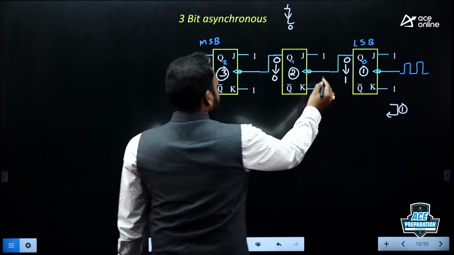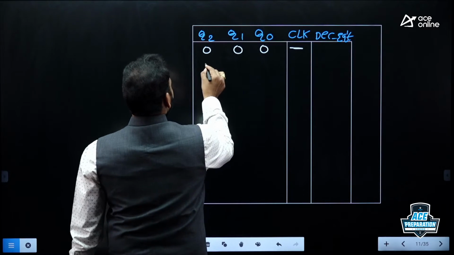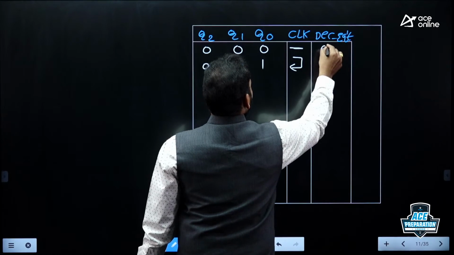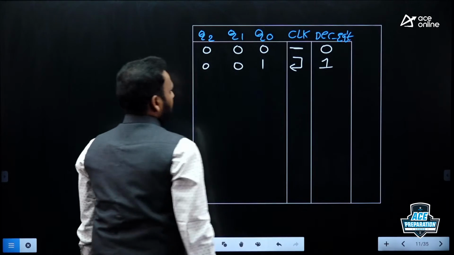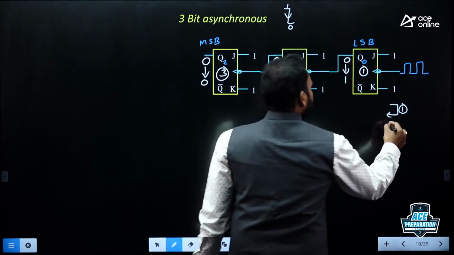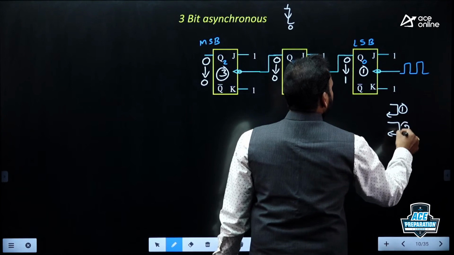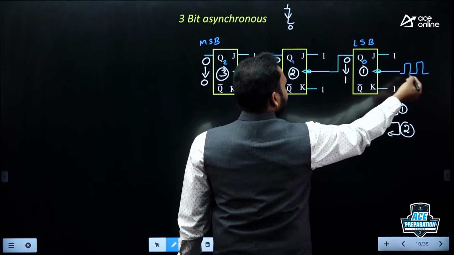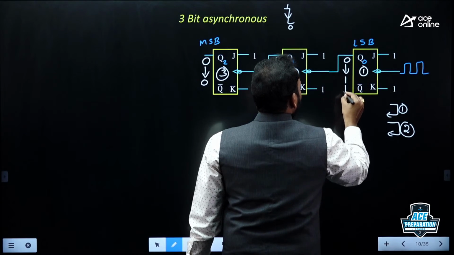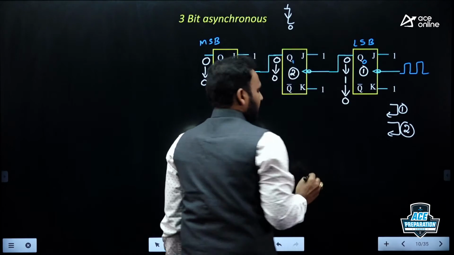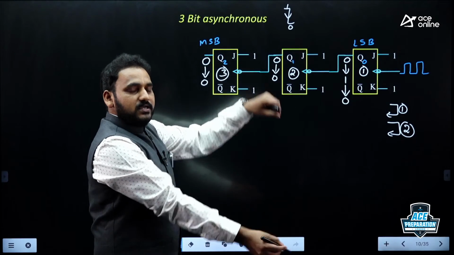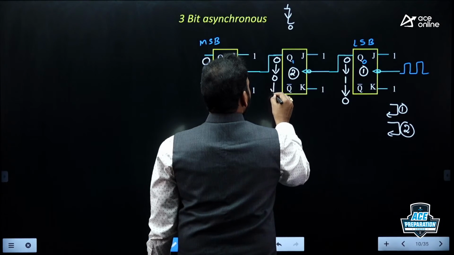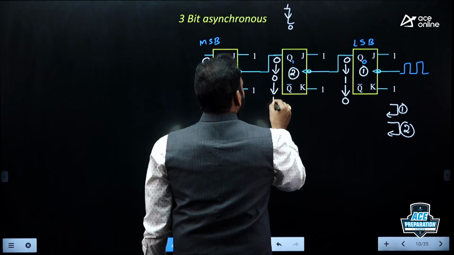So let me update it. 0, 0, 1 after the first clock pulse. Decimal equivalent is 1. Now if I apply one more clock pulse, that means the second clock pulse, for every clock, the first flip-flop, as it is receiving the clock directly, will toggle. 1 will become 0. 1 to 0 is a falling edge trigger, so it can trigger the next flip-flop, and the output of the next flip-flop is going to change from 0 to 1.